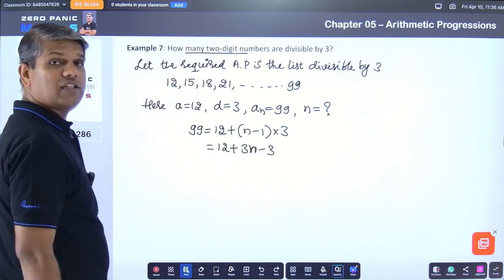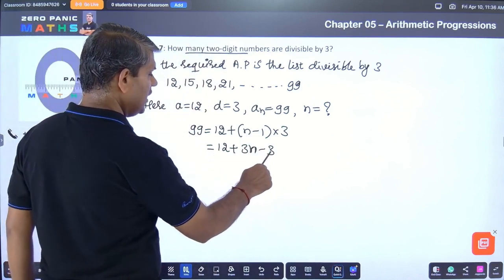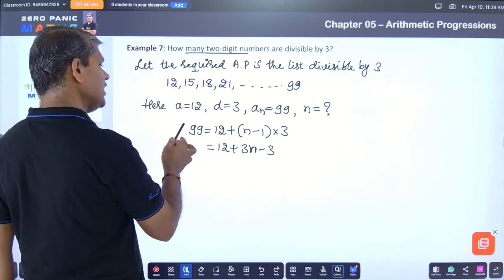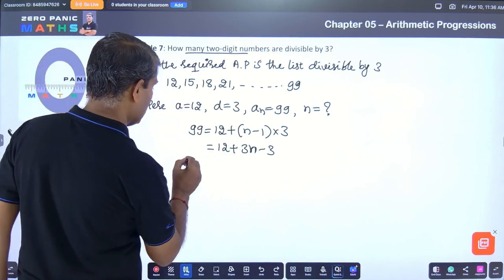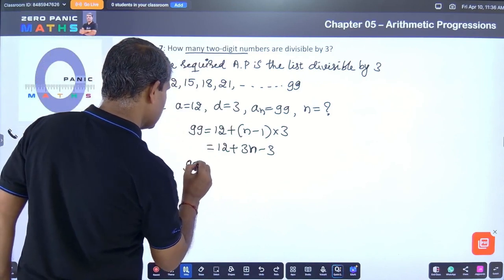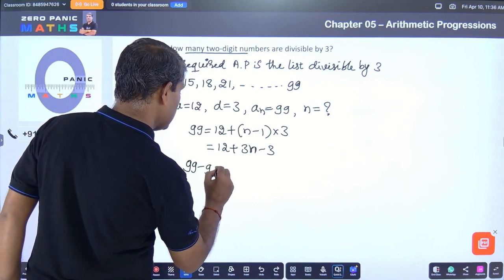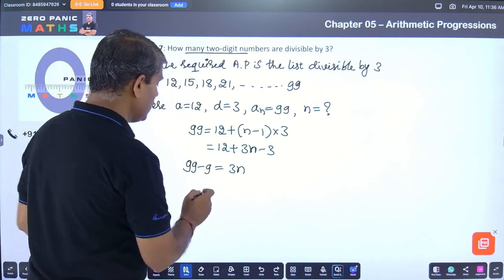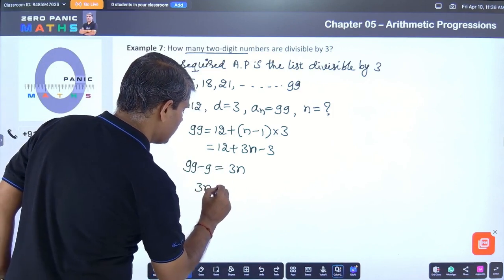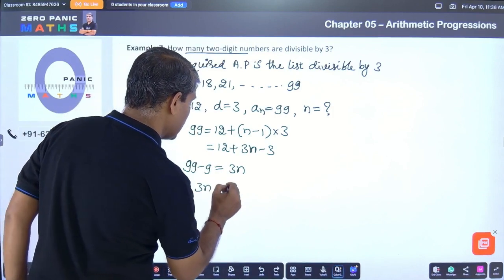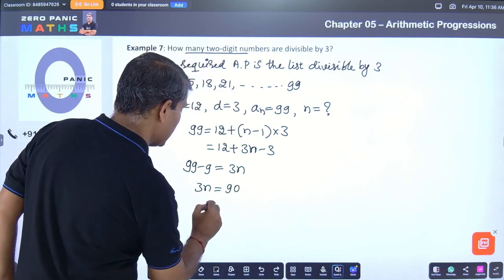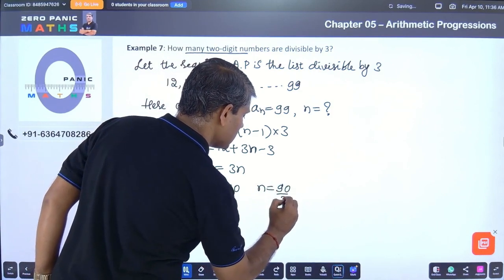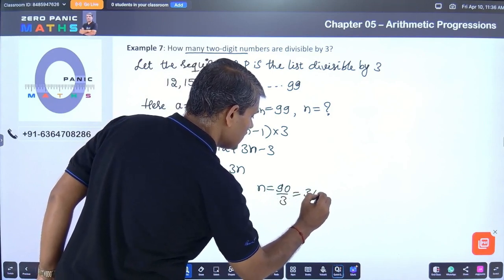So 12 minus 3 will be 9, plus 3n. Take plus 9 to the left hand side. I can write it as 99 minus 9 is equal to 3n. So switch the values, 3n to the left side, and 99 minus 9 is 90. And what is n then? n is equal to 90 divided by 3, it is 30.